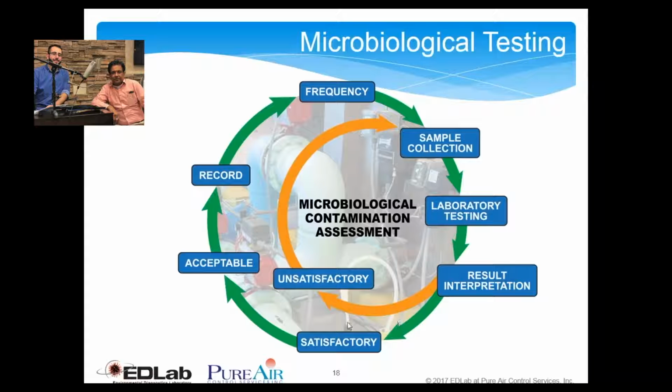If it is an acceptable limit, then it's satisfactory, and you can just maintain a record on that and follow the frequency as described or as adapted. Whereas if it is not satisfactory, then you have to again start sample collection and laboratory testing, and unless it meets the satisfactory level, the cycle needs to continue. So that's how we test for Legionella in water.